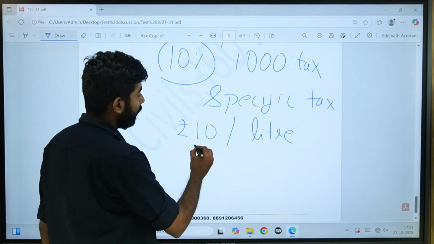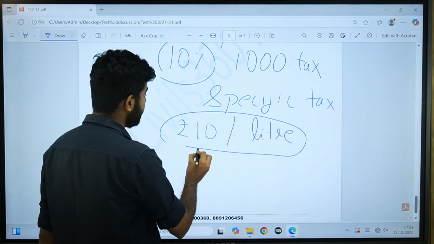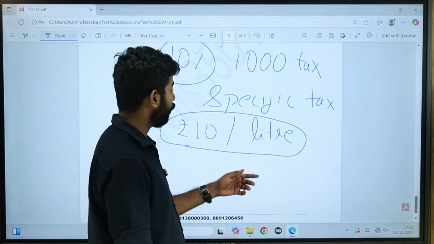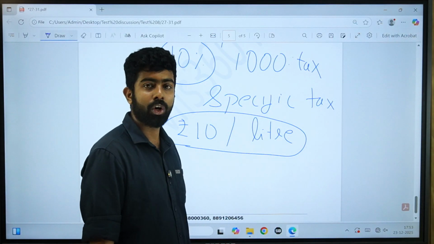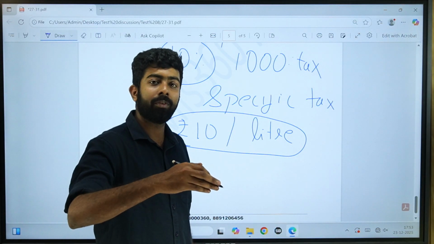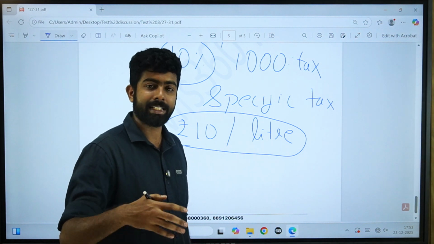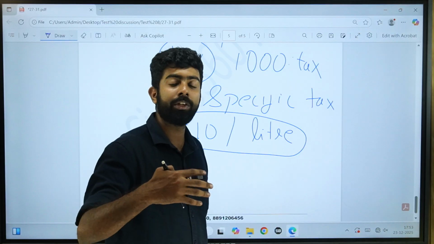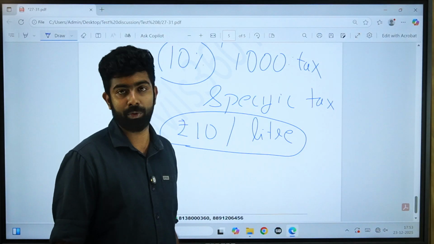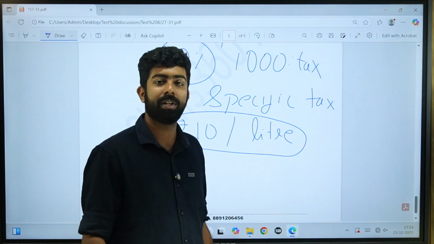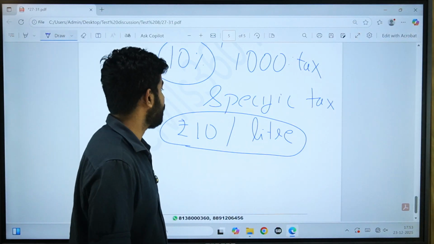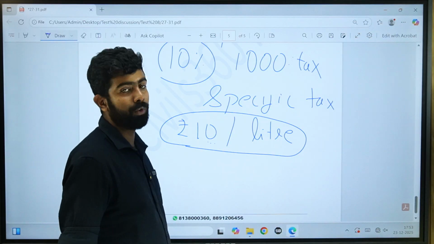This value is linked to the unit. It's not linked to the value of that good, it's linked to the number of units that you consume. So this tax value is constant.